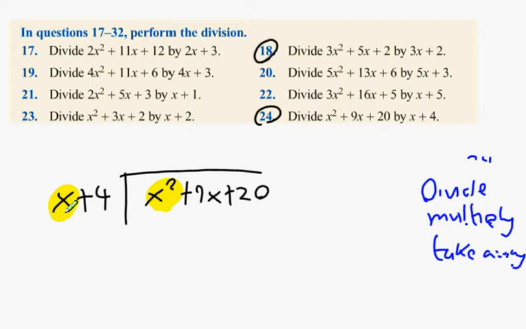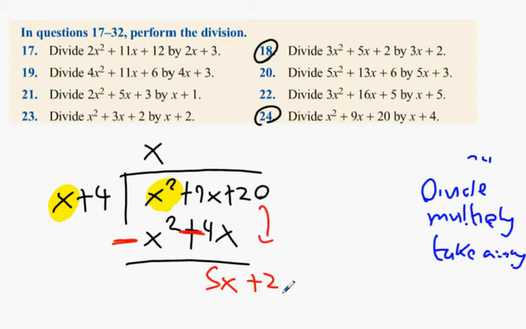x squared divided by x, x. What happens next? Multiply, which is? What happens after that, Ushin? Take them away. 9x minus 4x.